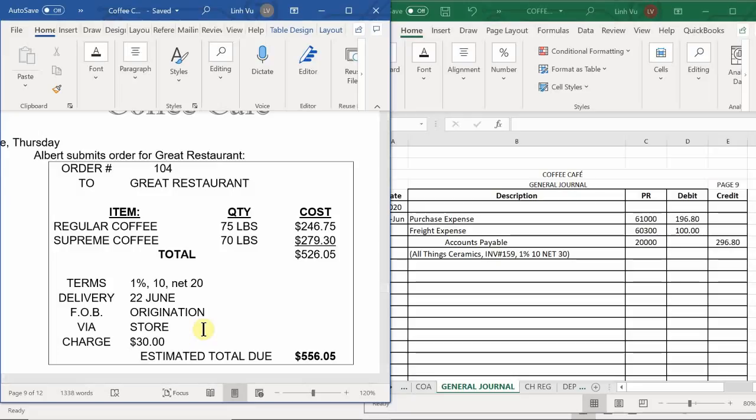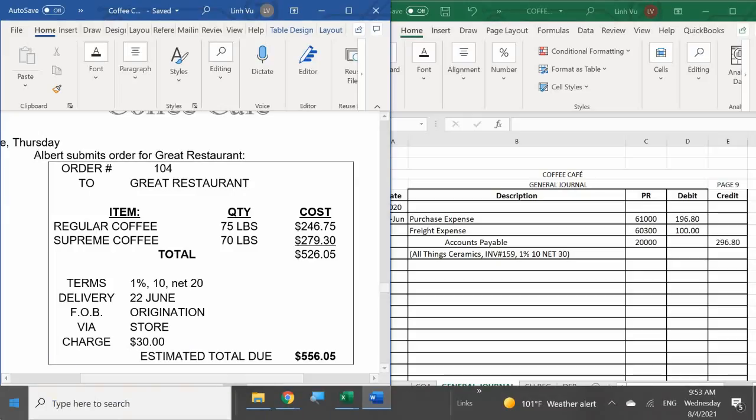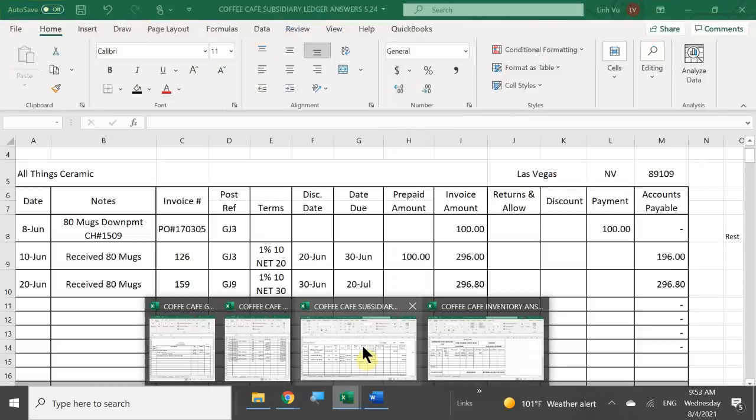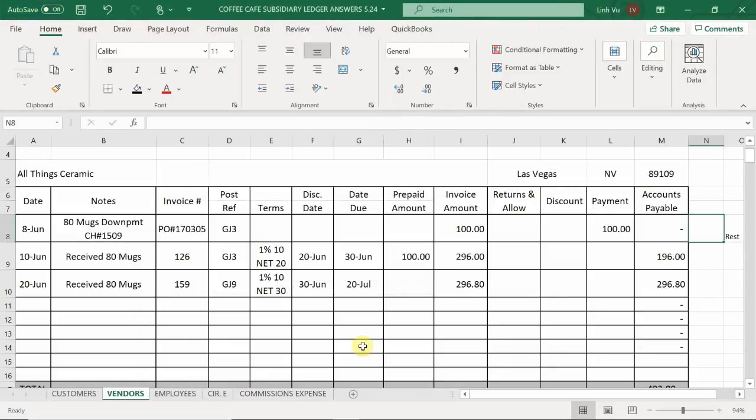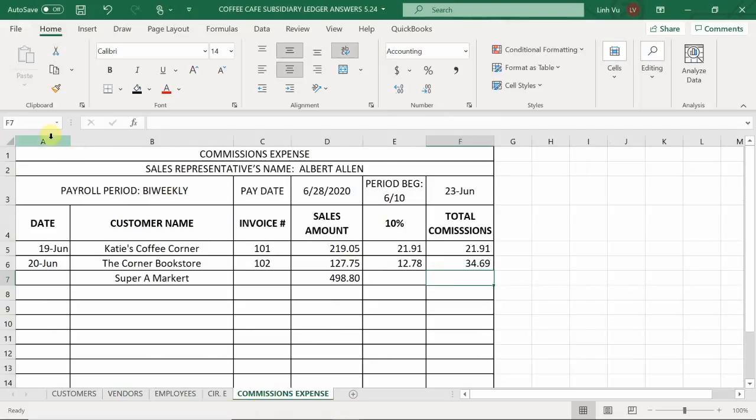Albert has submitted another sales order. What do we do with this sales order? You go to the subsidiary ledger to commissions expense. Good, right? We need to be able to record that it is a potential sale. Okay. Commissions, right?